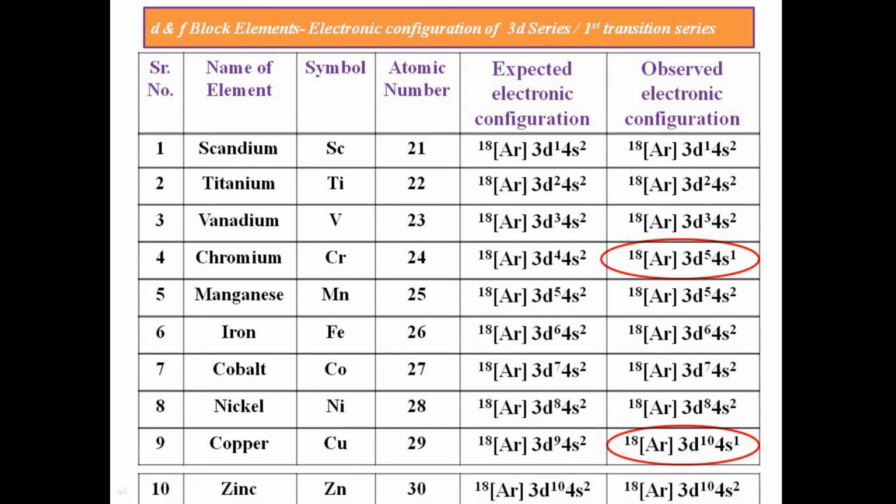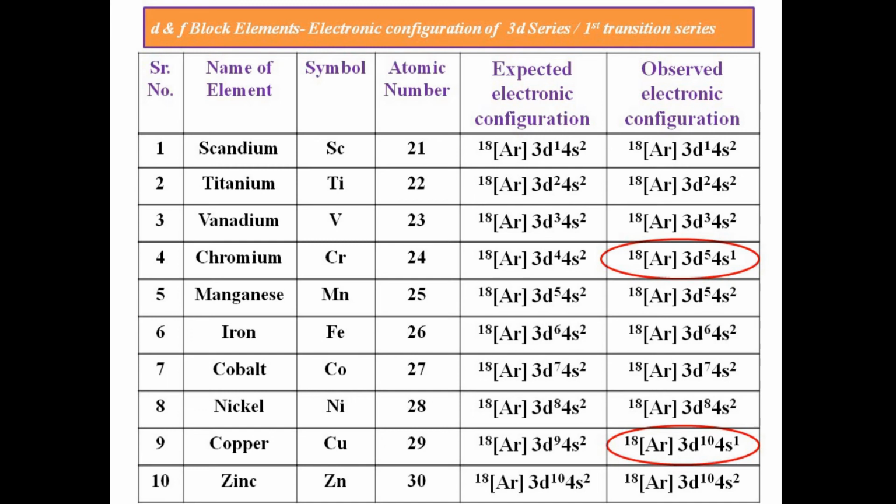And then the last element, the tenth, zinc, symbol Zn, atomic number 30, expected electronic configuration [Ar] 3d10 4s2, observed electronic configuration [Ar] 3d10 4s2. Again, expected and observed electronic configurations are both the same.